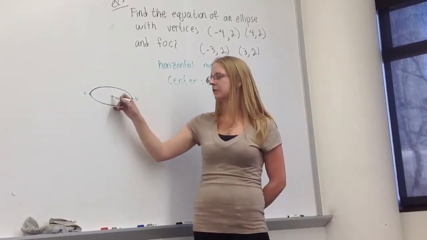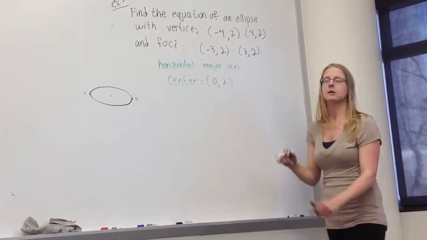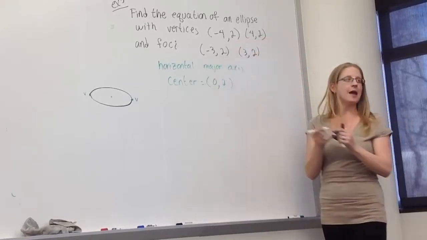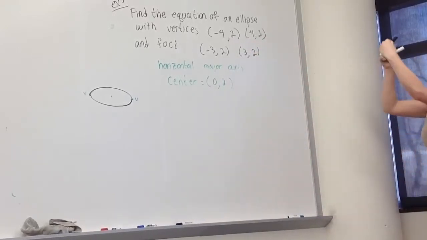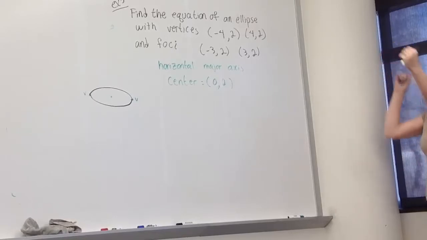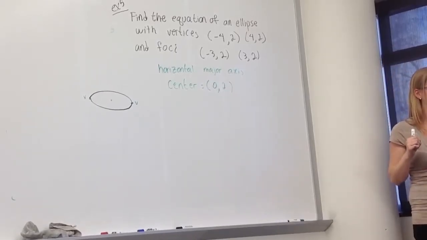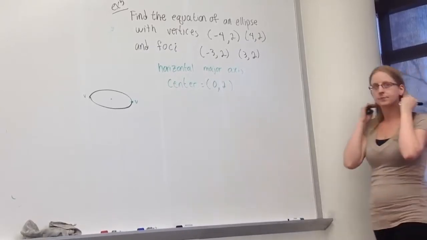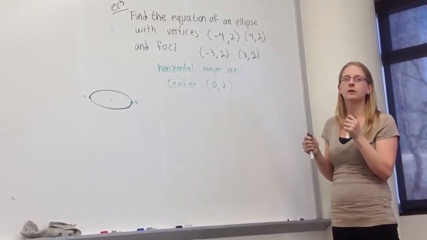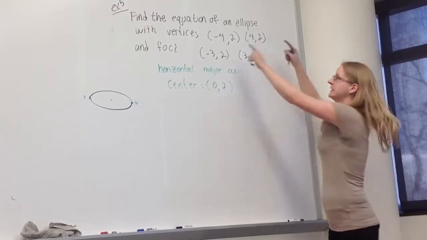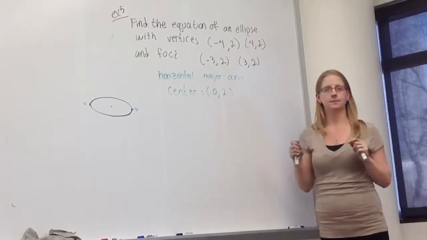Notice the y value stayed the same, and that's because this is a horizontal major axis, so only the x values are changing. We know why it's 0 because it's between the 4, but it's a 2 because that just stays the same. Okay. That's correct.